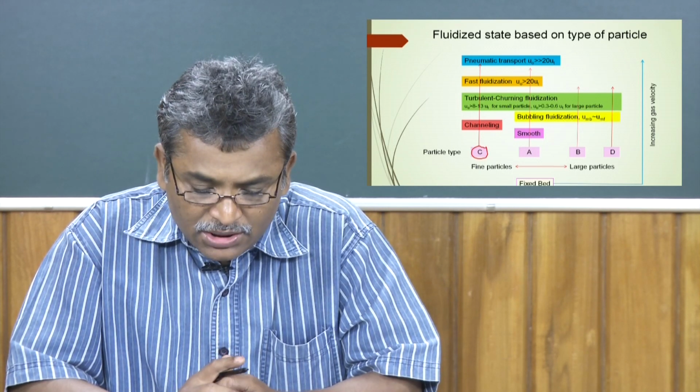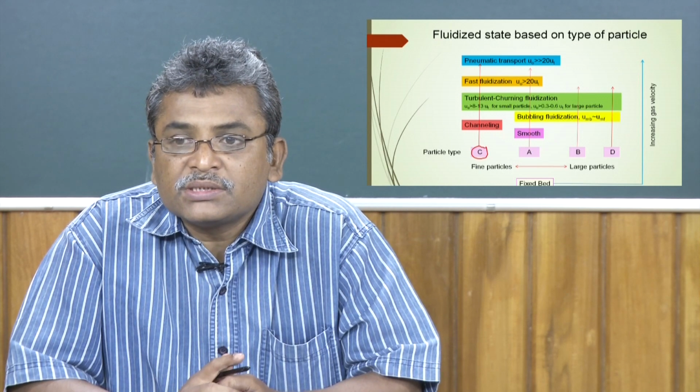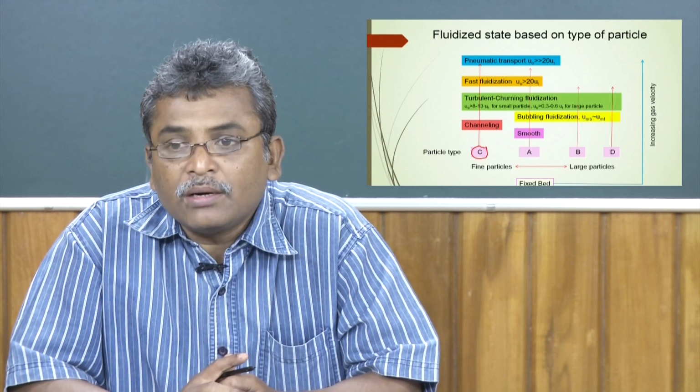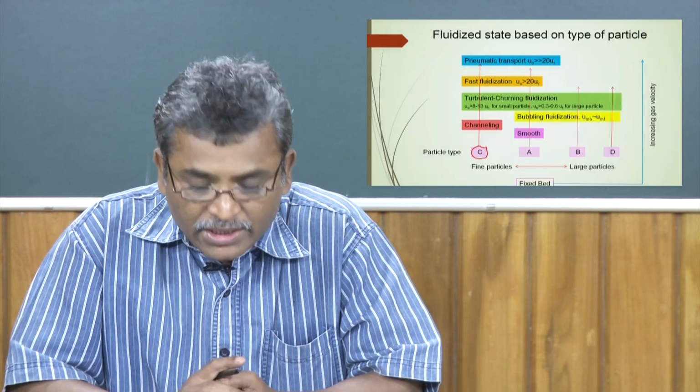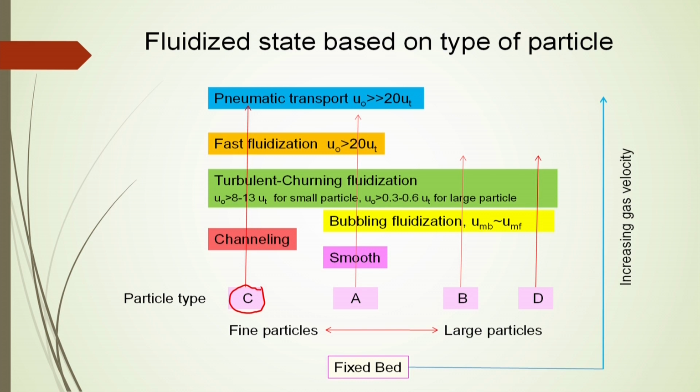Whereas for the A type particle, the particle size is a little bit higher, greater than 100 micrometer, so it lacks the cohesiveness that we discussed earlier. In this case, you can get smooth fluidization and bubbling fluidization, whereas in C type particles you may not get bubbling fluidization.